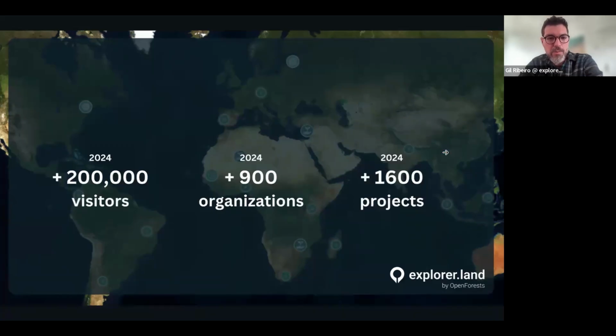A few stats for explorer.land for last year, 2024. So we had more than 200,000 visitors, and we reached over 900 organizations represented on explorer.land and over 1,600 projects as well.